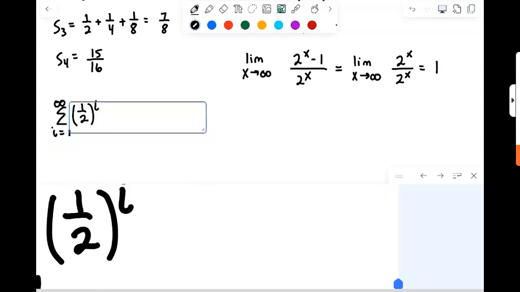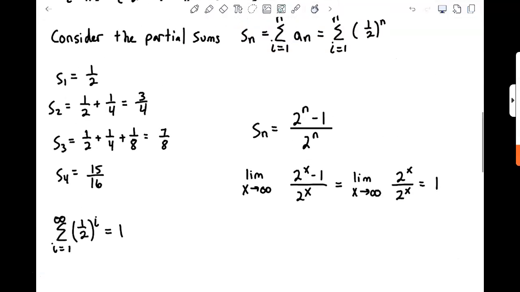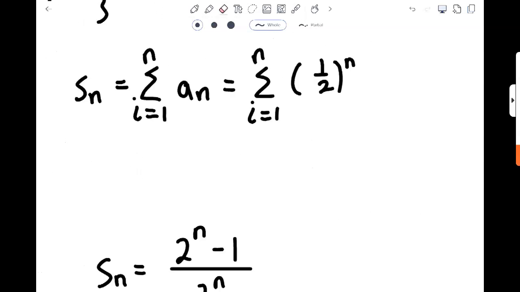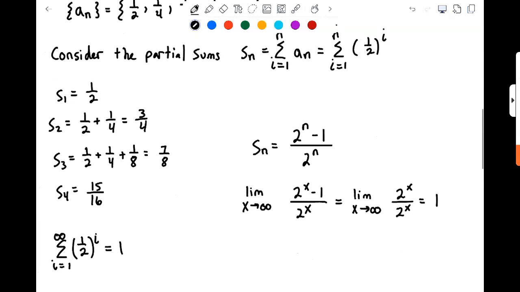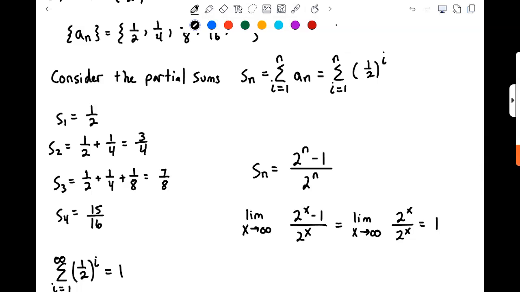I just realized I made a little typo earlier when I wrote that out. That's not 1/2 to the n. That should have been 1/2 to the i power, because it's the formula for the a sub n as i goes from 1 to n. I apologize for that little error.